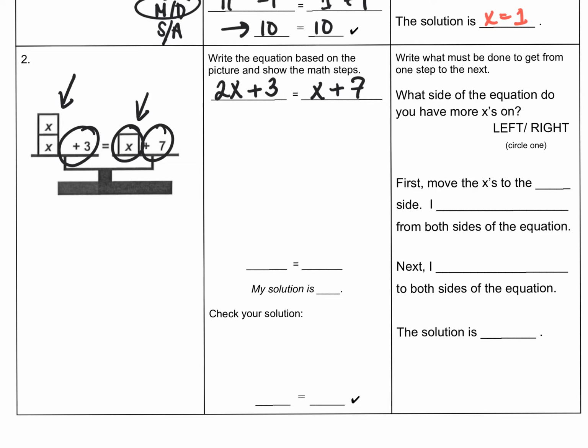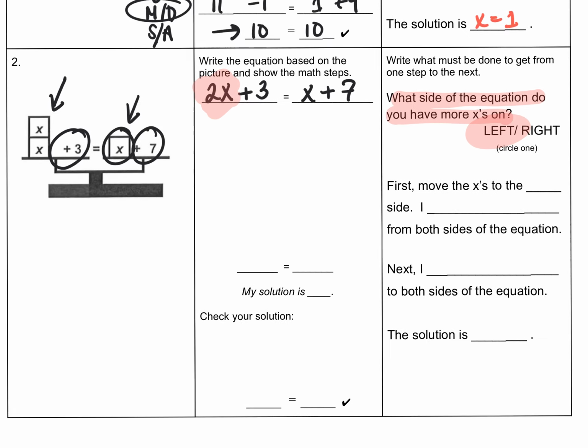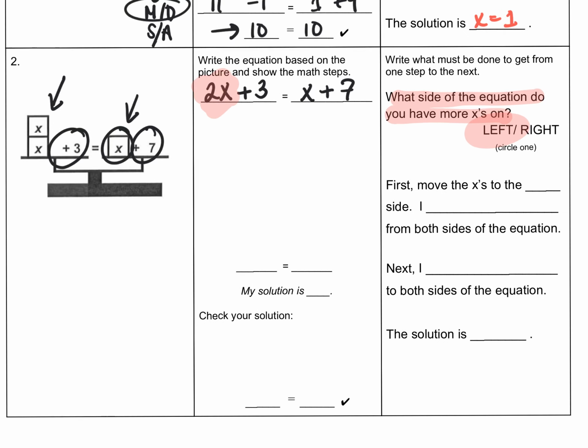What side of the equation do you have more x's on? So when I look at my equation, there are 2 x's on the left side. So again, I'm going to move all my x's to the left. So to do that, I need to get rid of this x.